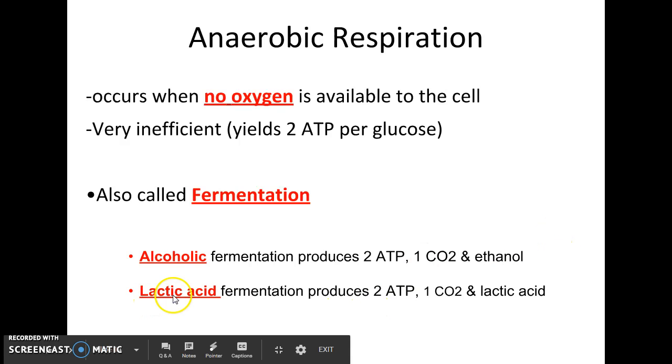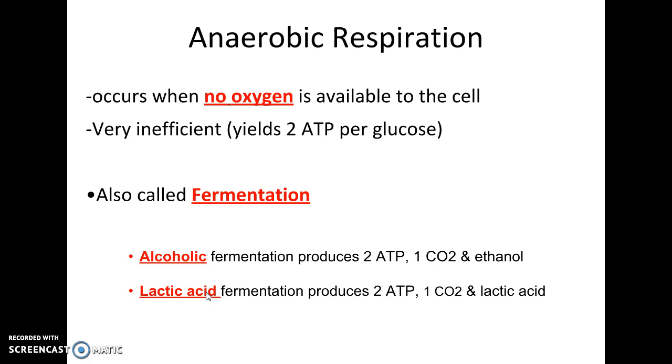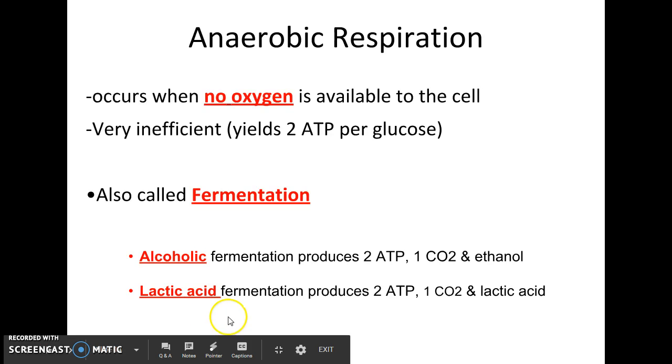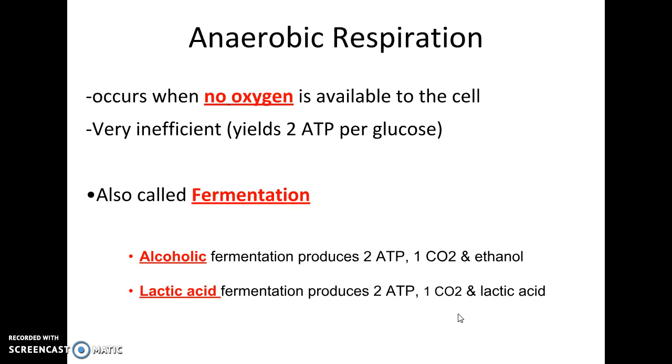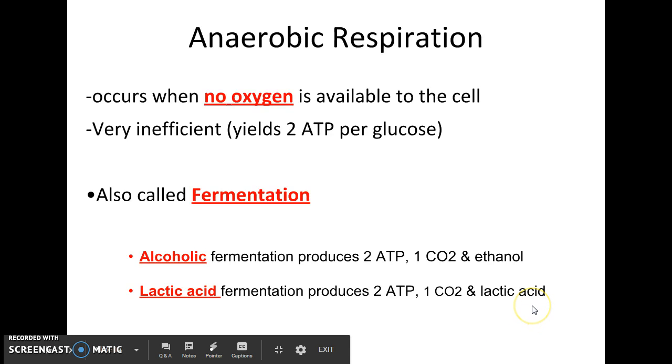And then in some organisms, fermentation happens, for example in us, in our muscles, when we run out of oxygen. Then we make 2 ATP per glucose, carbon dioxide, and then lactic acid. So lactic acid fermentation is what this is called.